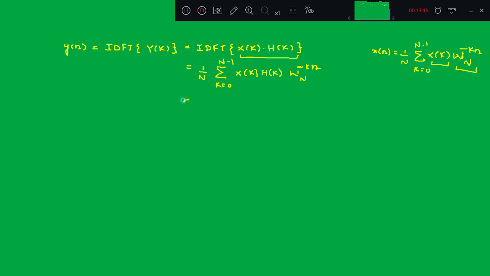Next, 1 by N I will keep as it is, summation k is equal to 0 to N minus 1, and what is this x of k, right?